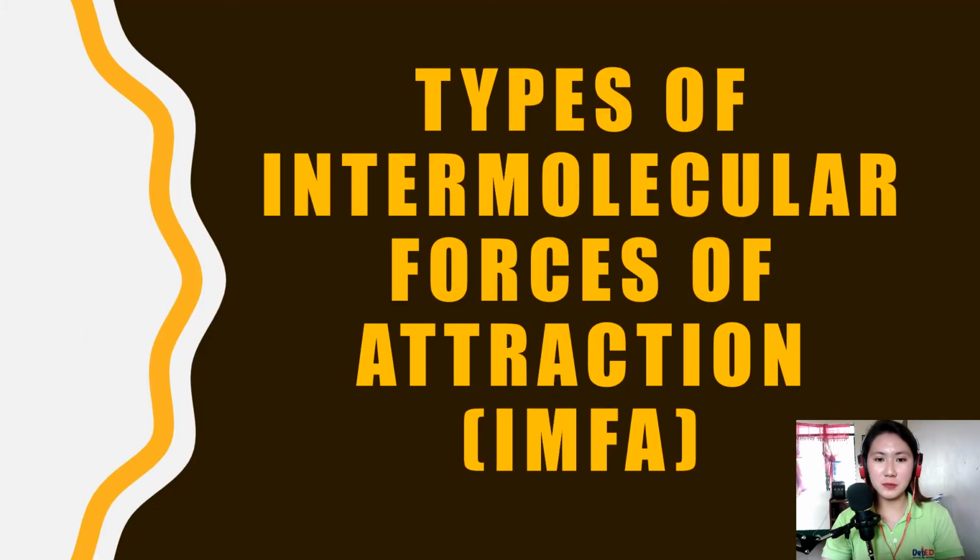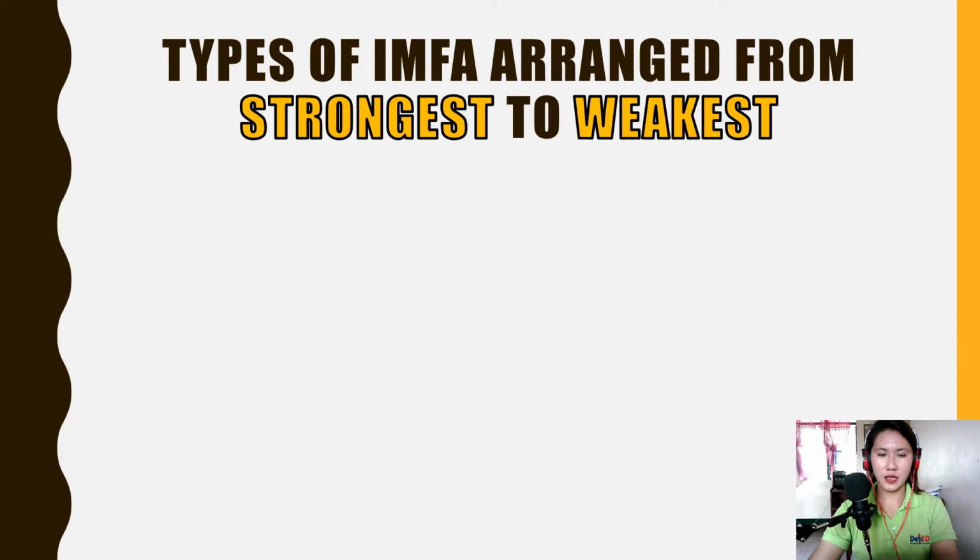Now let us look at the types of intermolecular forces of attraction, or the IMFA. But I will not be discussing these types in much detail since they will be tackled in the next module. We will just focus on some points of intermolecular forces of attraction and their effect on the physical properties of covalent compounds, such as polar and nonpolar covalent compounds. Here are the types arranged from strongest to weakest.